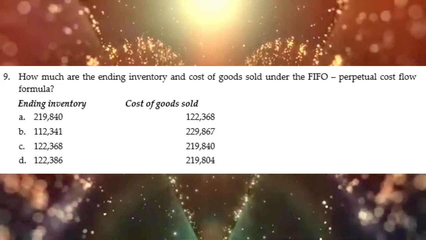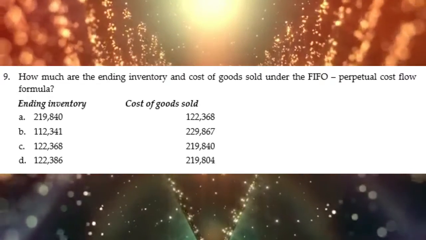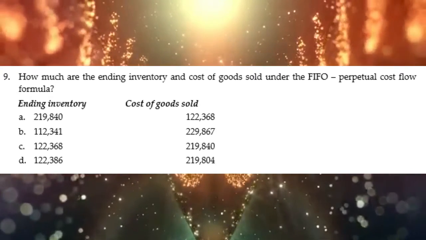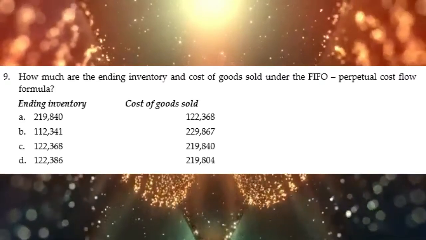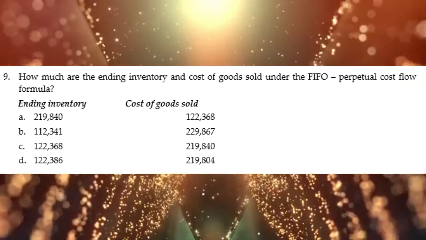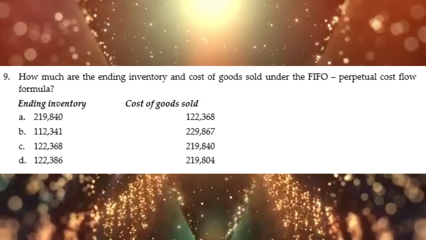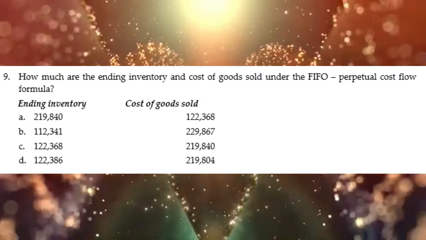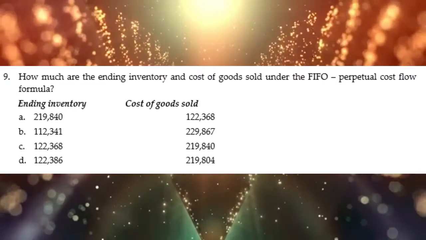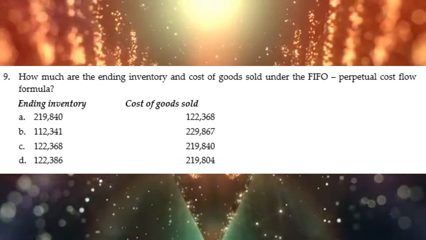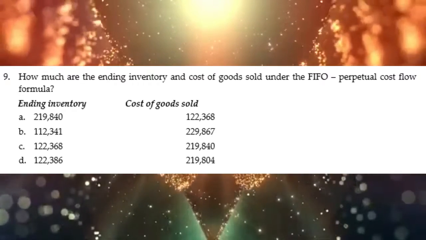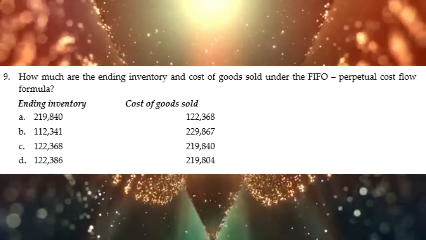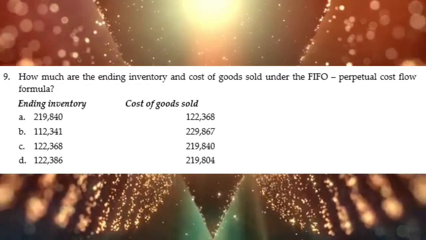Its cost of goods sold is 229,867. Letter C. Its ending inventory is 122,368. Its cost of goods sold is 219,840. Letter D. Its ending inventory is 122,386. And its cost of goods sold is 219,840.